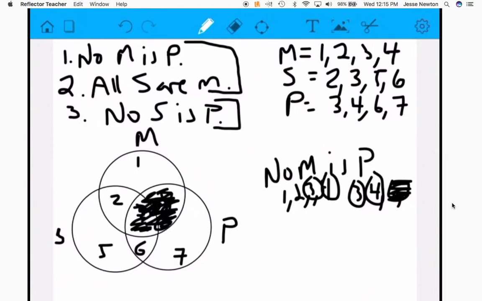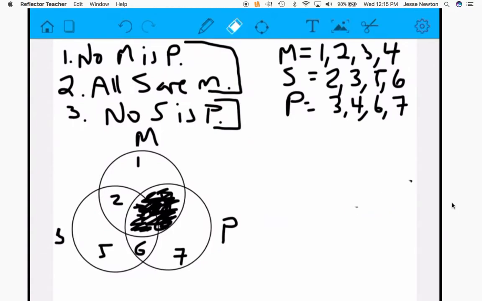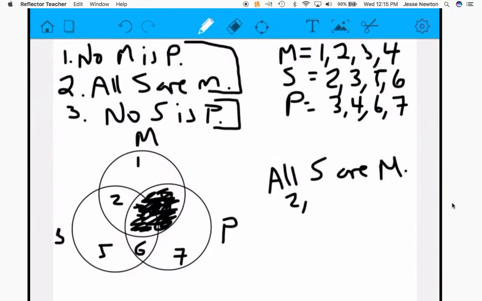Then we come down here. I'm going to erase this so I have some room to work with. And then we're going to diagram premise number 2. And what does 2 say? All S are M. So we do the same thing. We say S is 2, 3, 5, and 6. M is 1, 2, 3, and 4.